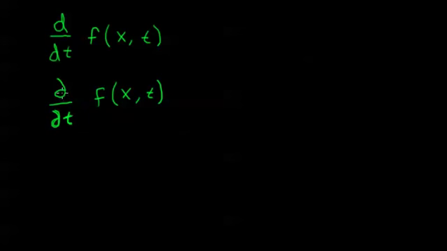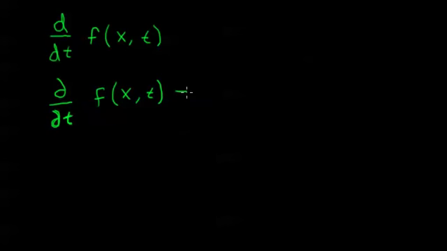So in the last two videos, what I've meant is the partial derivative. And the partial derivative is just when we say that we're going to watch, in this case, t change and see how the value of this function changes. But we're going to act like x doesn't change at all. So in the example of the wave, we're just looking at one particular point on the string, looking at that x value and watching t change.